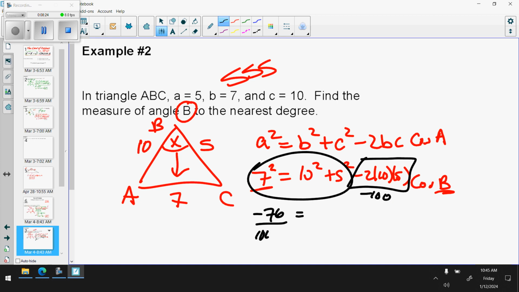Then I divide by negative 100. Cos B. Negatives cancel. 76 divided by 100 is 0.76. Second cosine, not tangent, second cosine of that, so that gets me 40.53, nearest degree, 41 degrees.